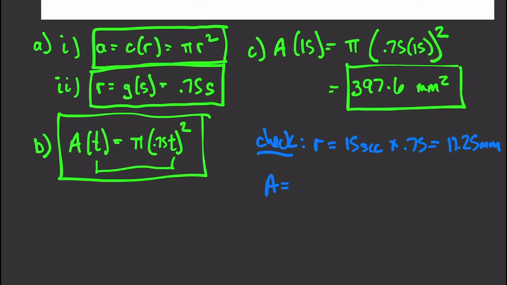So then I just plug into the area formula of the circle. Pi times 11.25 squared, and guess what? That gives you 397.6. So indeed, that does check.